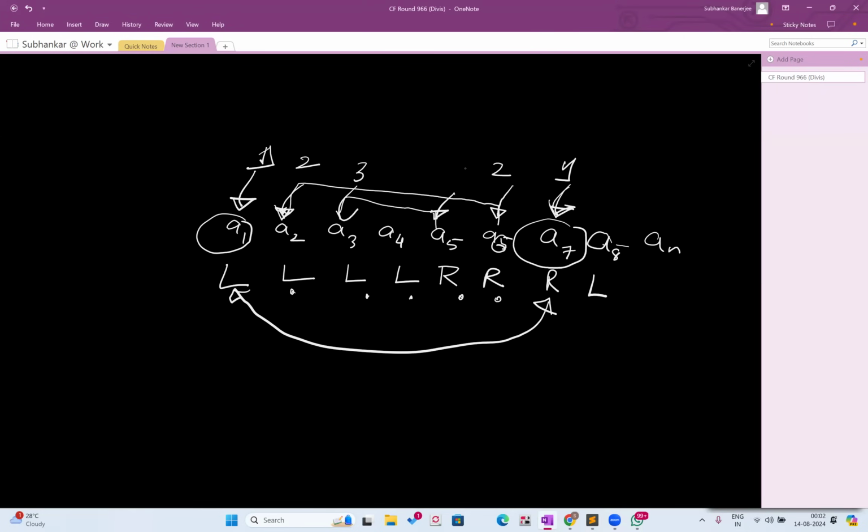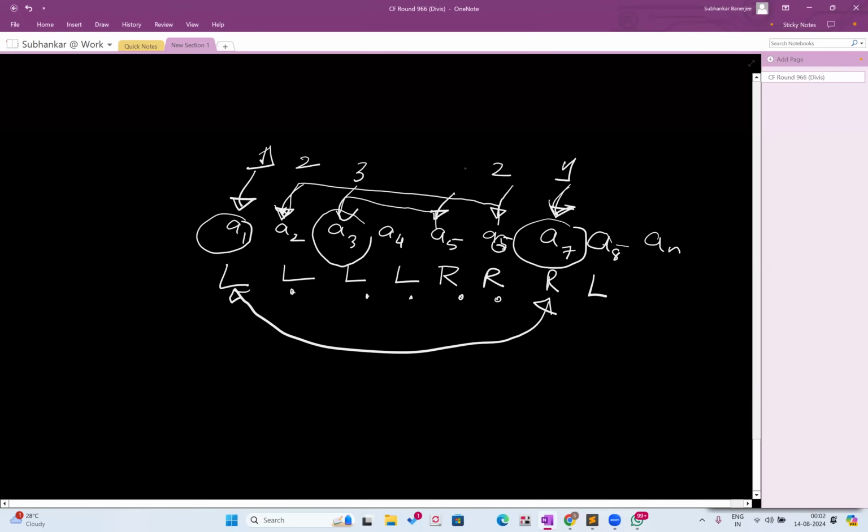So for calculating the answer part, you can do it anyways. You can just pair this up. This L and this R you can pair up. This L and this R you can pair up. So you're getting my point. The sequence of operations should be from inward to outward as per the question, to maximize the answer.